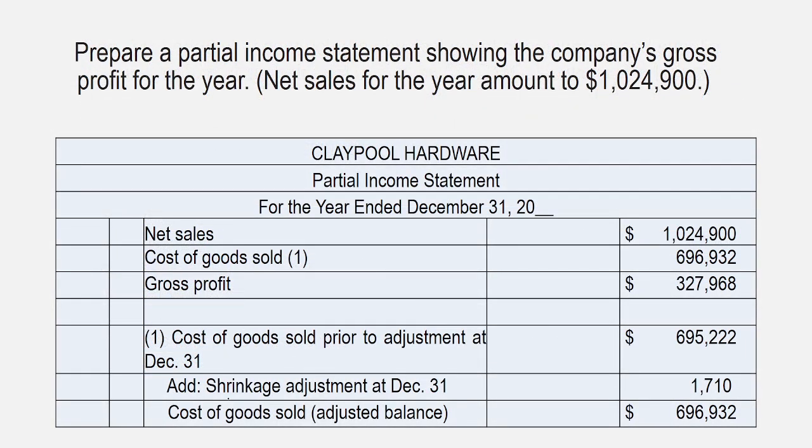Now, let's prepare a partial income statement together for Claypool Hardware to show the company's gross profit for the year ending December 31st. And we will use the net sales provided and calculate the adjusted cost of goods sold to determine the gross profit.